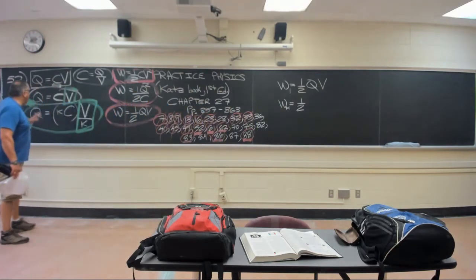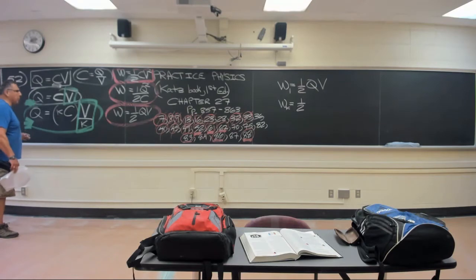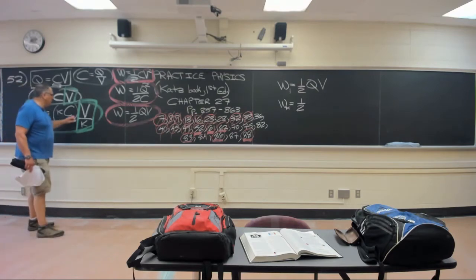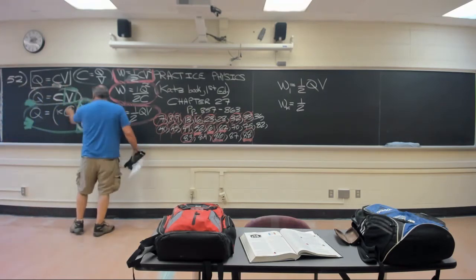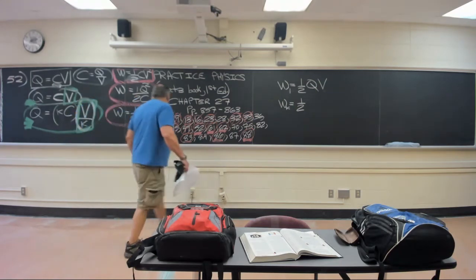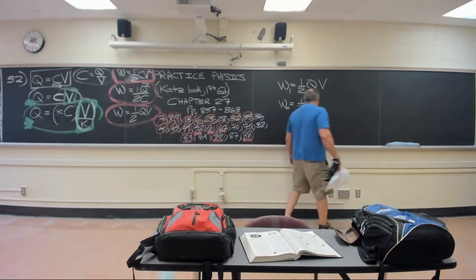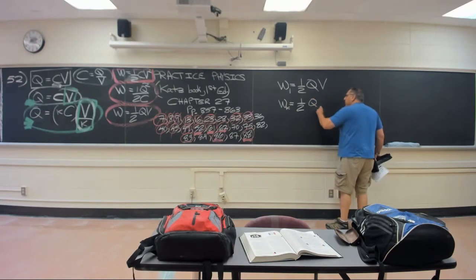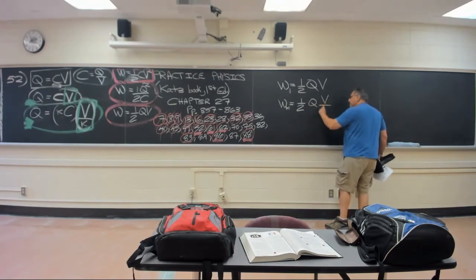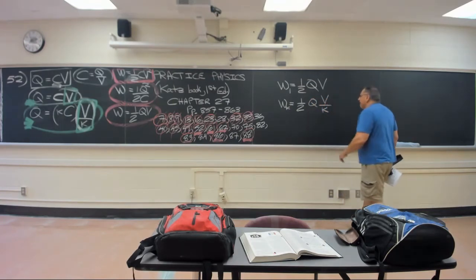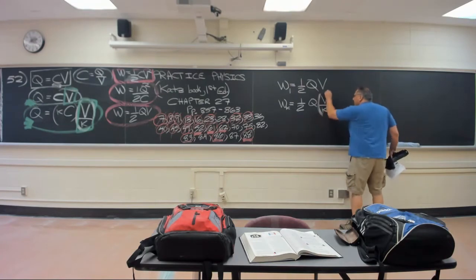Well, we said if you wanted to get the same amount of charge Q, you need a potential difference which is less. At the end of that, it's going to read a potential difference that's less. So it's Q, V over kappa.